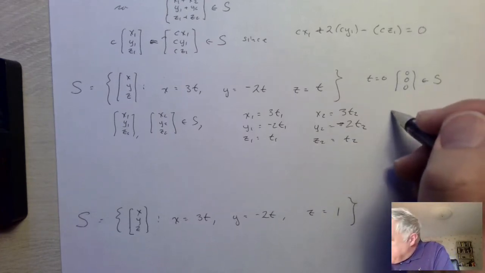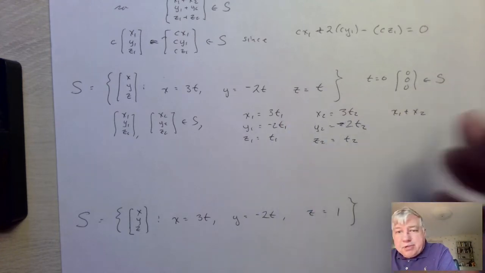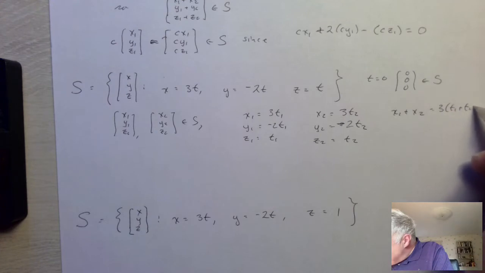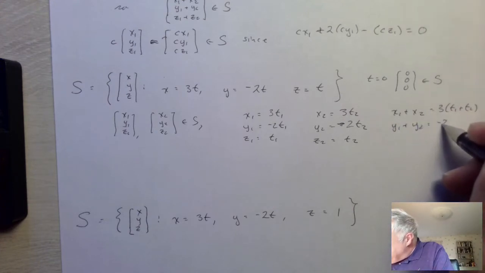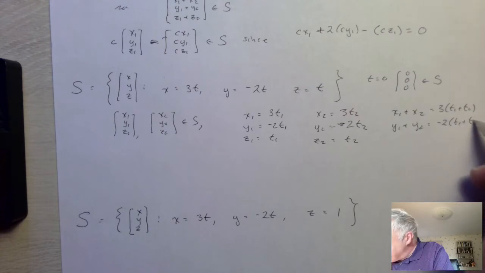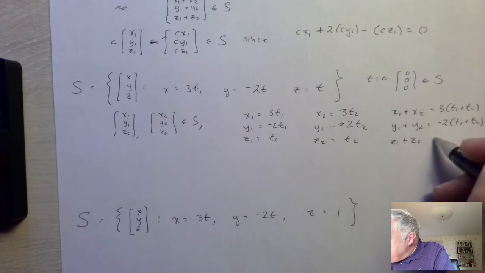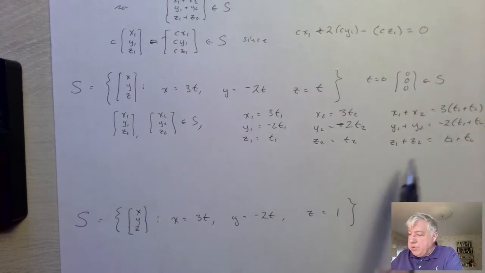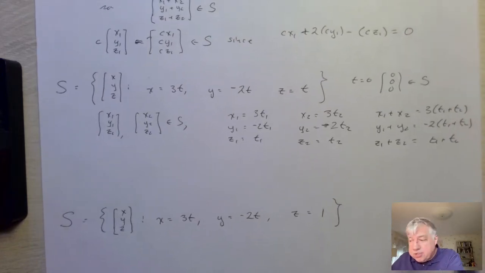And then we can see that x1 plus x2 will be 3t1 plus 3t2, which is 3(t1 plus t2). y1 plus y2 will be negative 2(t1 plus t2). And z1 plus z2 is t1 plus t2.